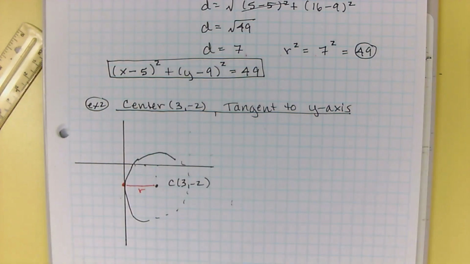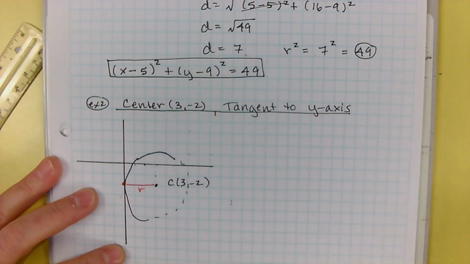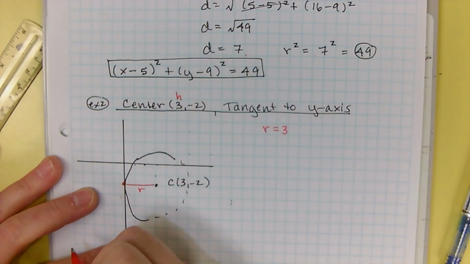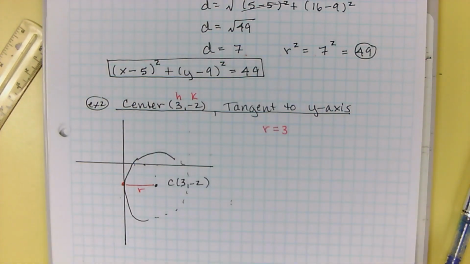So now that you've drawn it, count the squares. What's the radius of this? 3, right? 1, 2, 3 squares. So your radius is 3, your h is 3, your k is negative 2.